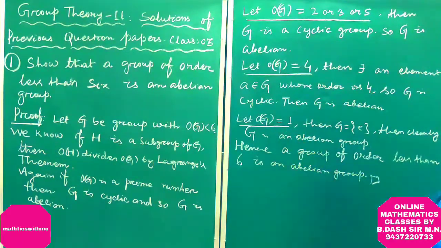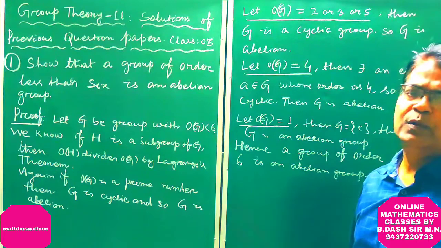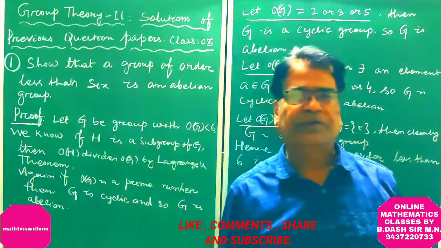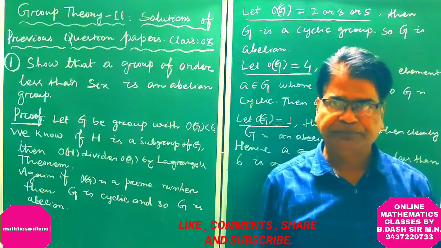Let order of G be 4; then there exists an element in G of order 4, so G is cyclic, then abelian. Let order of G be 1; then G is {e}, clearly abelian. Hence, a group of order less than 6 is an abelian group. So the first problem is solved. Let us proceed to the next problem.